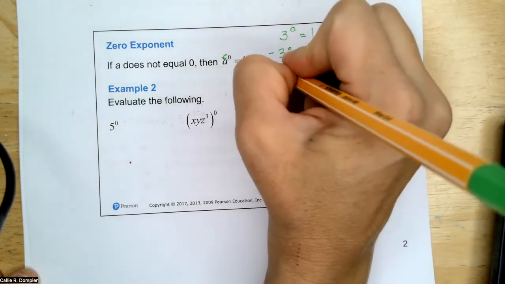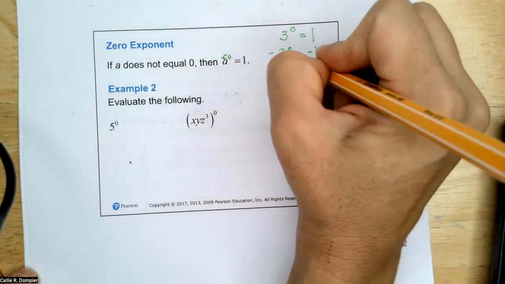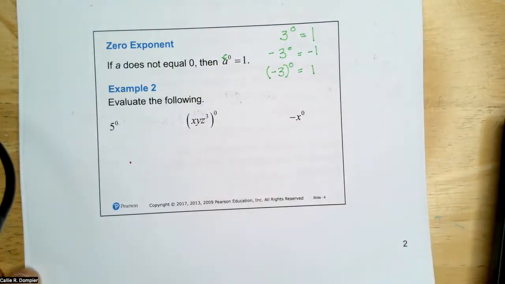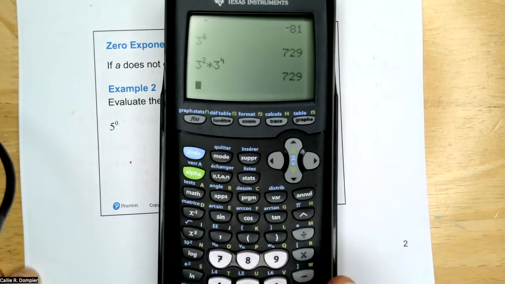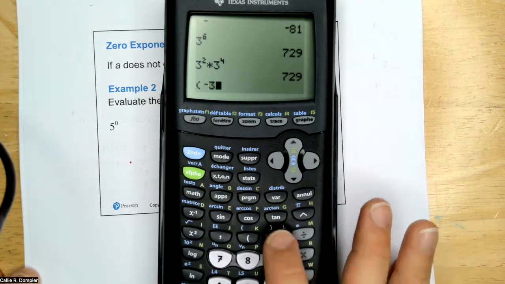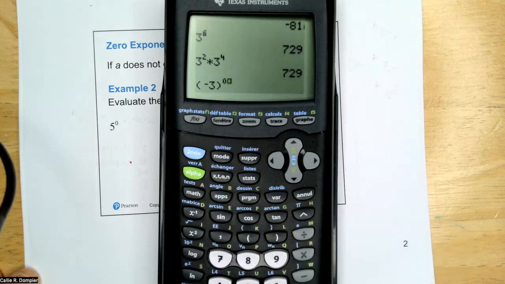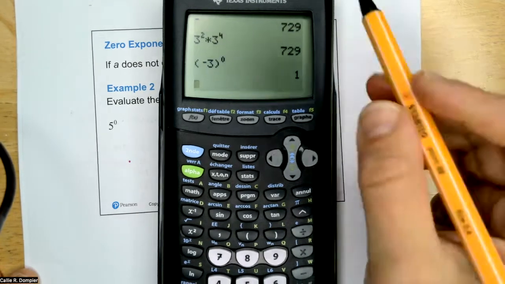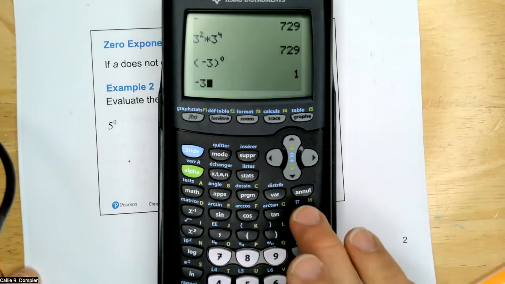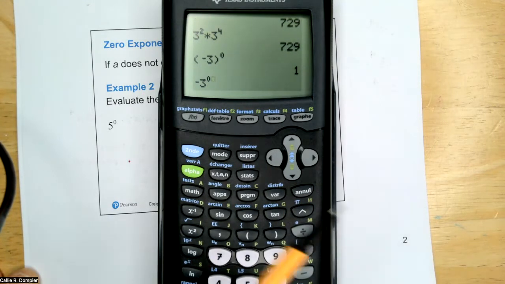If it was parentheses, it would be positive 1 because negative 3, all to the 0 power, is 1 because that's a whole entity. However, if it's negative 3 to the 0, that means that the 0 is only applying to the 3 and not the negative sign.